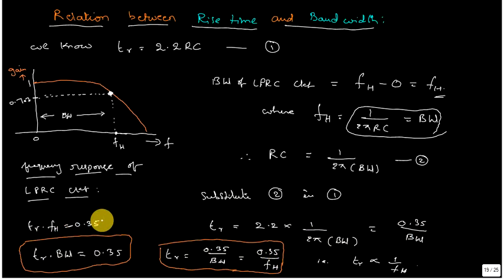So from this, rise time is inversely proportional to upper cutoff frequency. Rise time of RC circuit is inversely proportional to upper cutoff frequency of it.